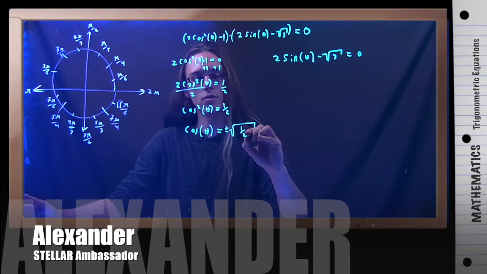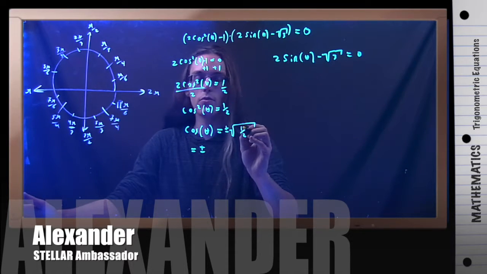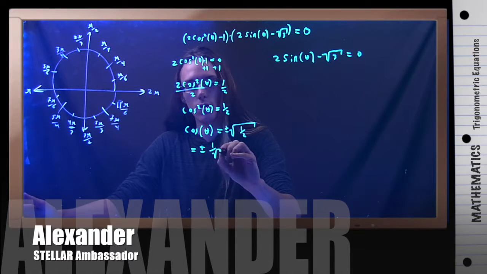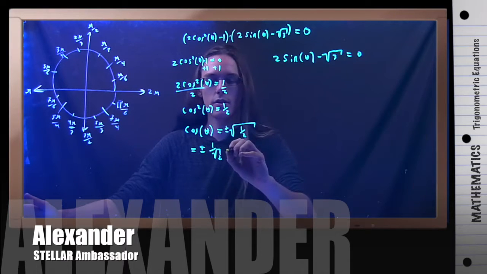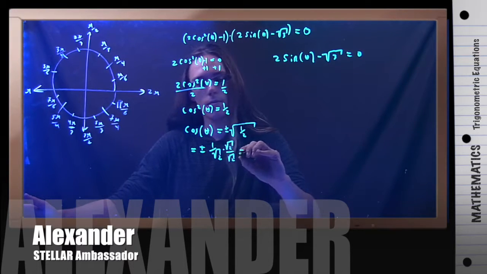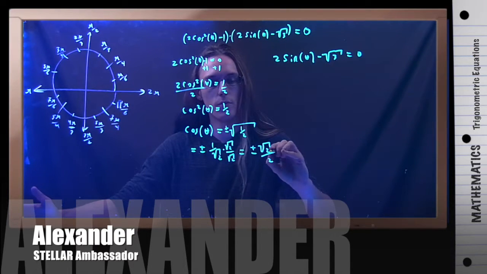This is plus or minus the square root of 1/2. That's the same thing as if I do the square root of the top and the bottom separately. So I'll get plus or minus 1 over the square root of 2. And then if I were to rationalize this by multiplying top and bottom by root 2, I would get plus or minus root 2 over 2.